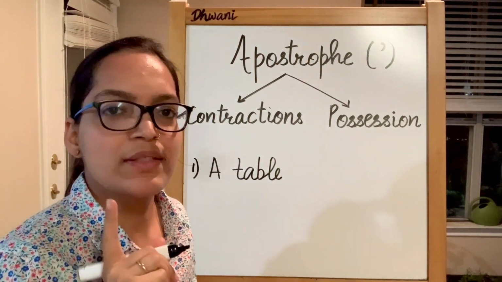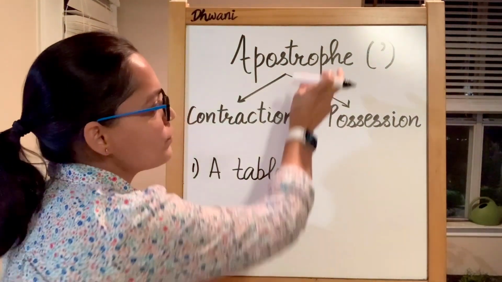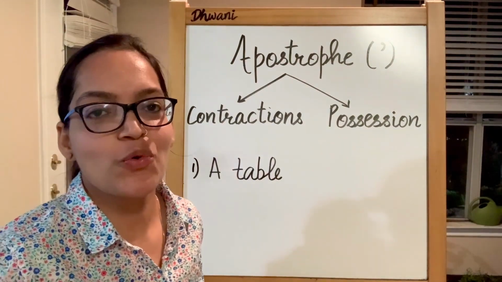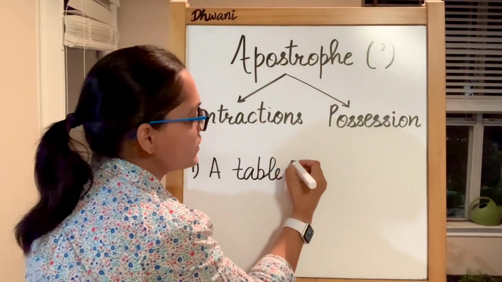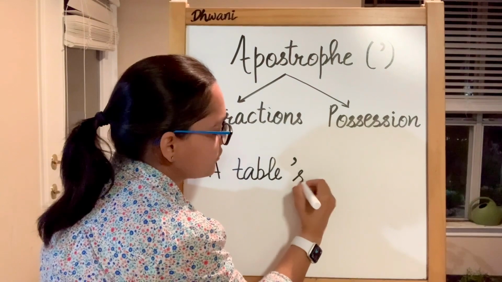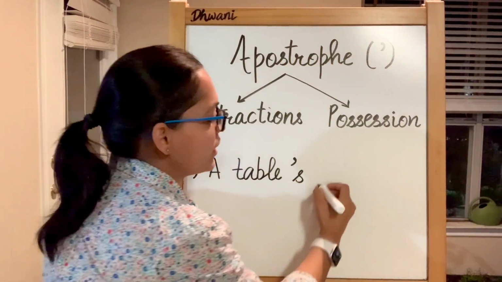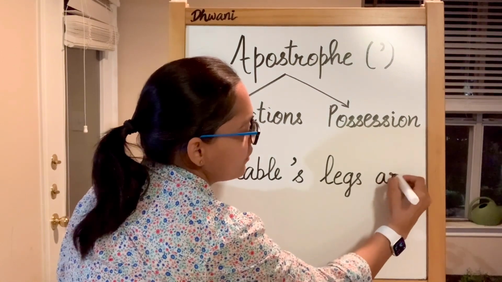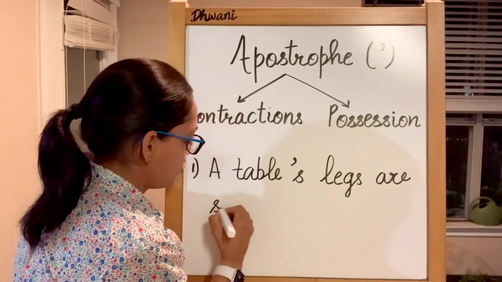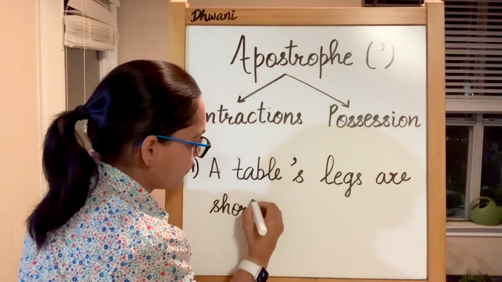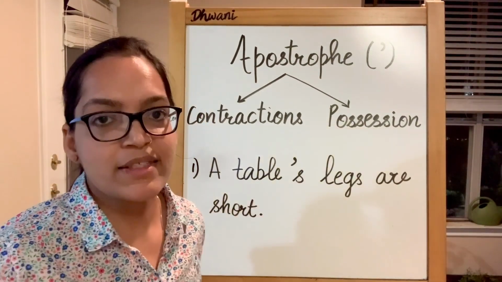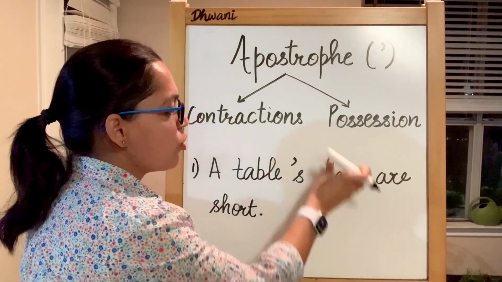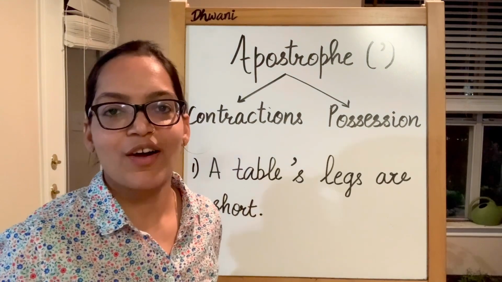So what is this s about? This is from the apostrophe and the s, which shows the possession. So this becomes a table's. This is how it looks. Table's legs are short. That means that we want to say the legs of the table are short.